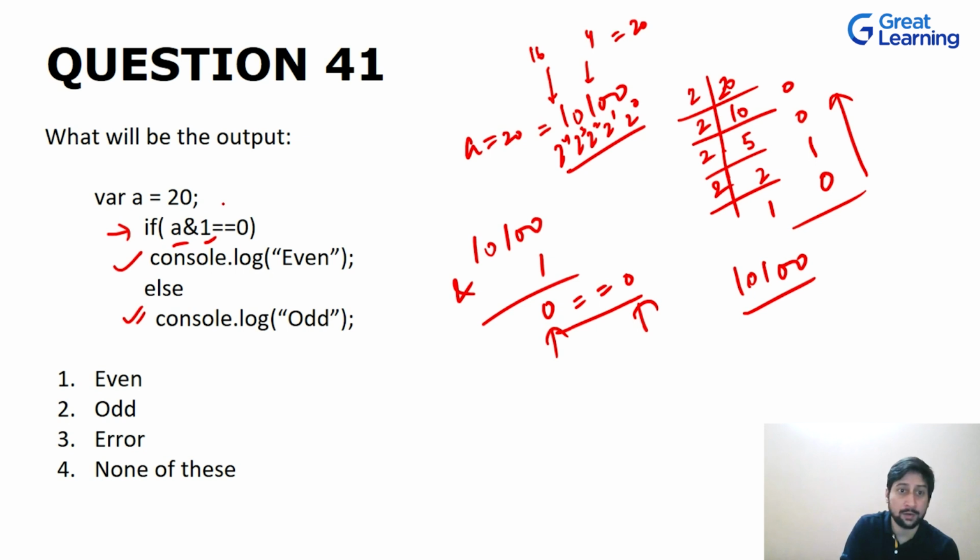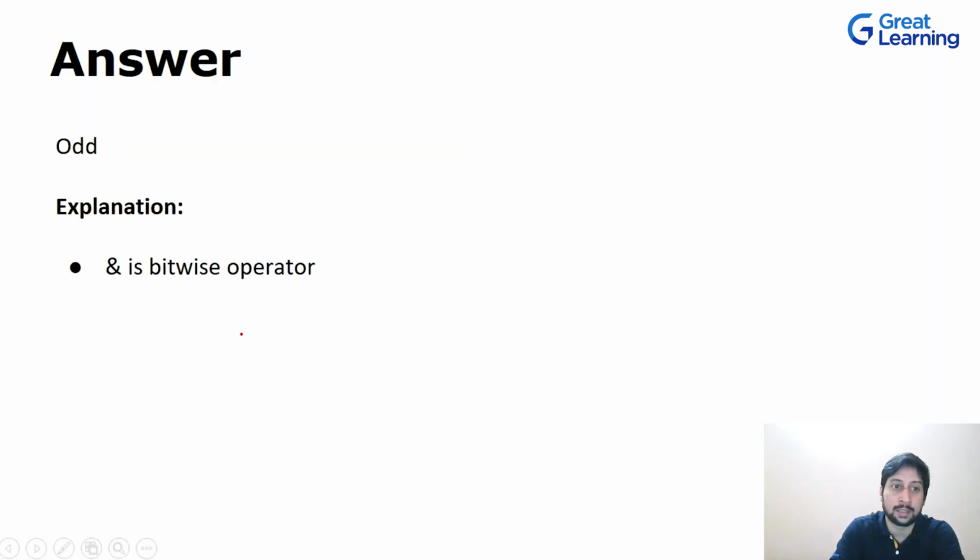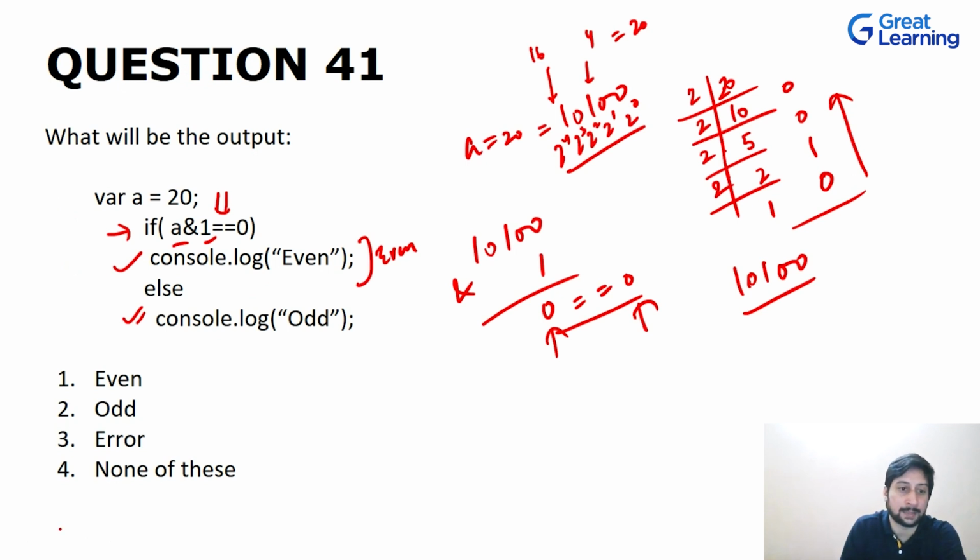Okay, we know how this double equal to sign operates. It only checks the data, not the data type. In this case, it is true, right? The 0 is equal to 0 and the output should have been even, but it is not the case. The output is odd. Now why is this happening? Now let me just erase some part of it.